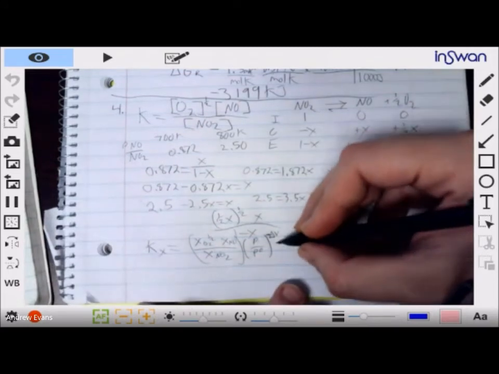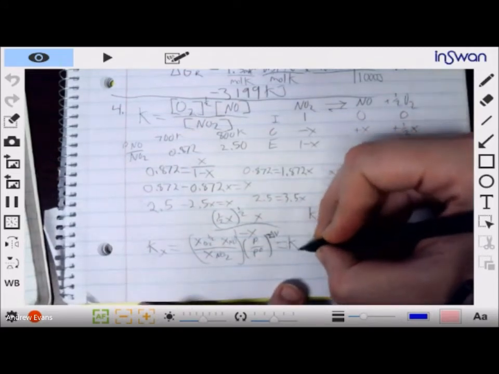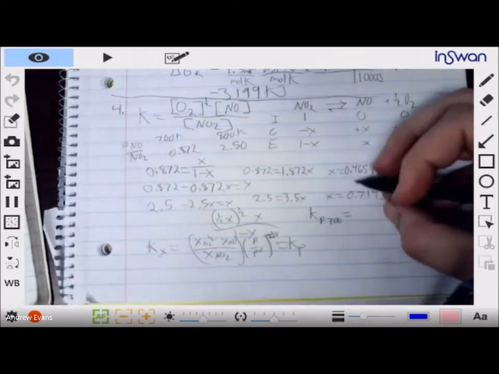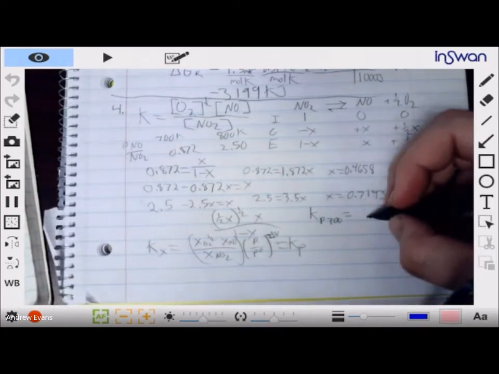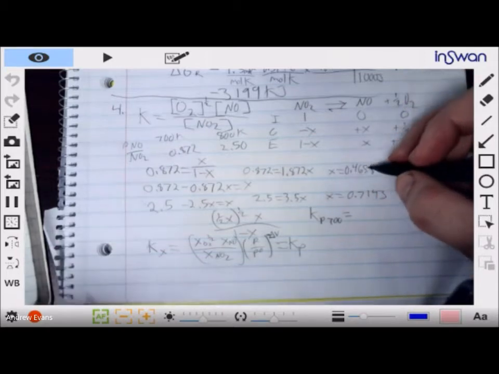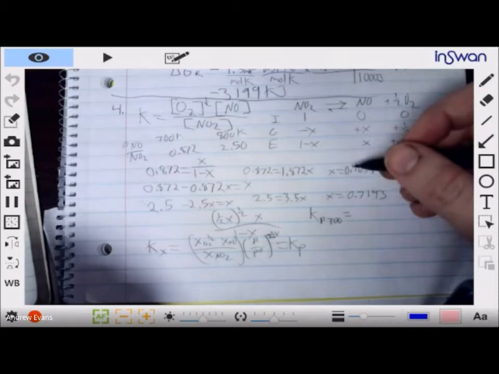So we can literally say K sub chi is equal to K sub p, as long as we calculate the relative mole fractions. So to do the relative mole fractions, we need how many total moles we have.